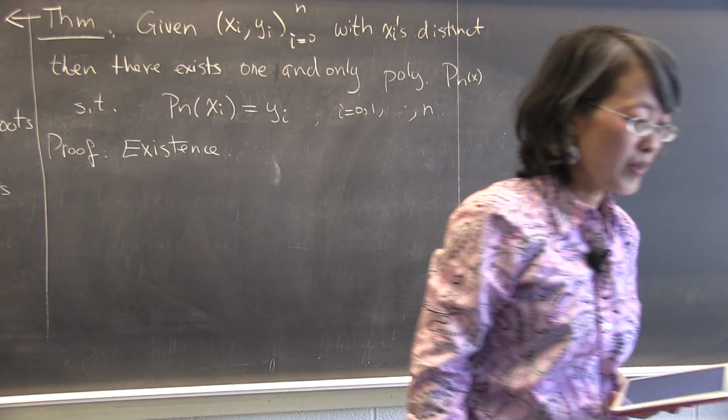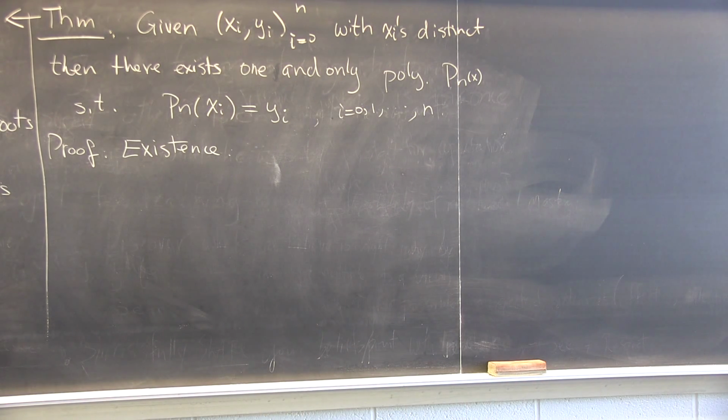Do we need to worry about the existence? What do you think? Have we already shown it? Does it always exist, such a polynomial? Come on, we have 3 ways of constructing it, don't we?